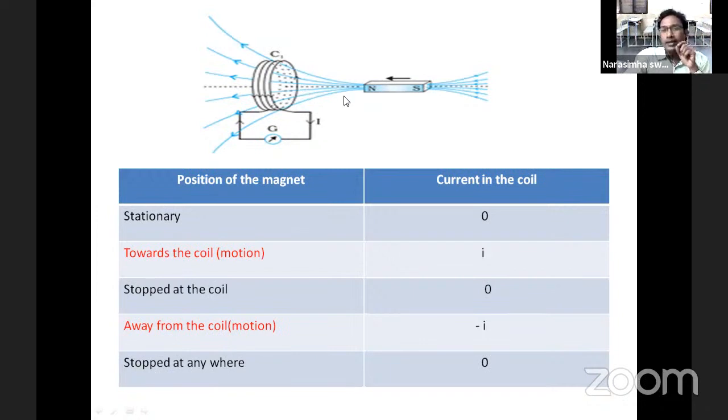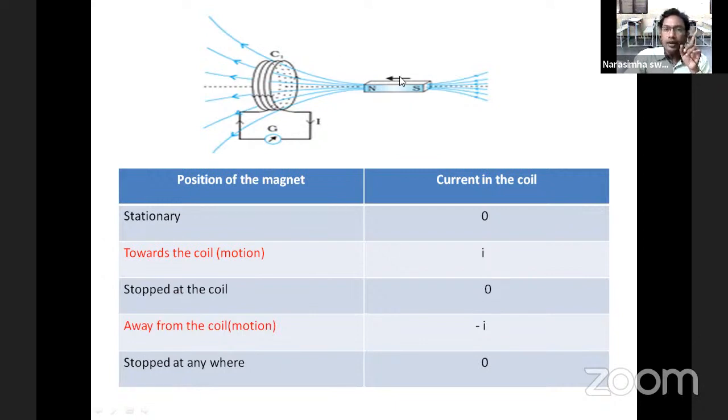There is no change. So when there is no change, no current passes through the coil and there will be no deflection in the galvanometer. Then we can say that zero current is flowing through the circuit. See, the third case is stop at the coil, then the current in the coil is zero.